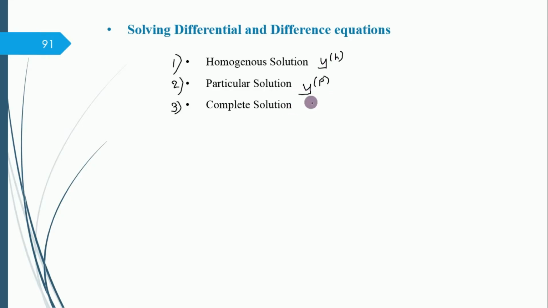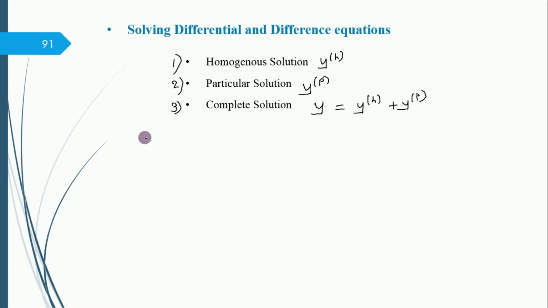If these two are the denotations for the homogeneous solution and particular solution, the complete solution is given as y is equal to y h plus y p. So the sum of the two components, that is homogeneous solution and particular solution, will get you the complete solution.